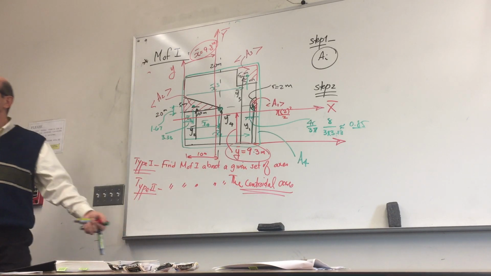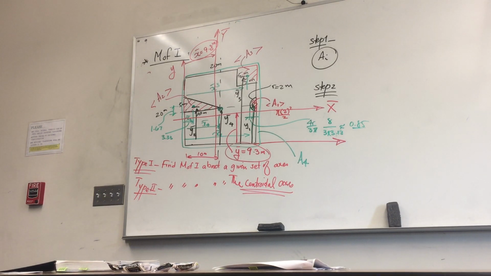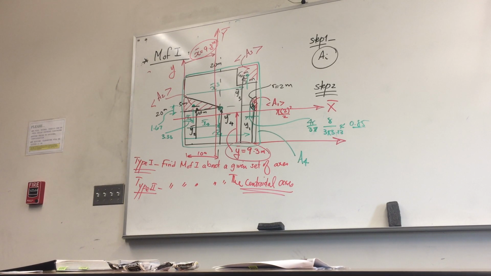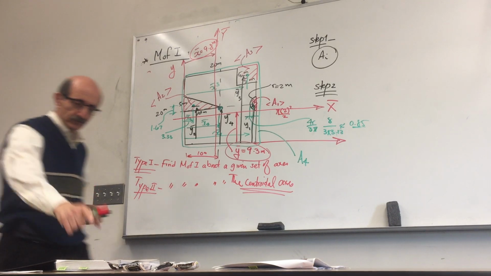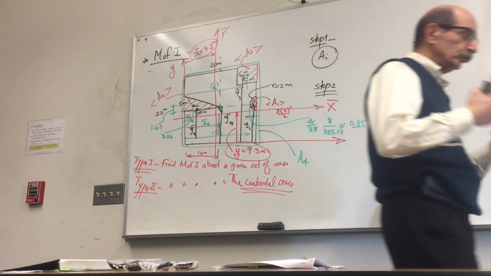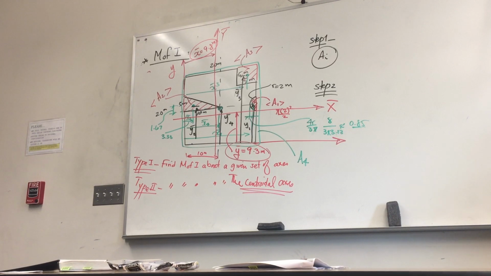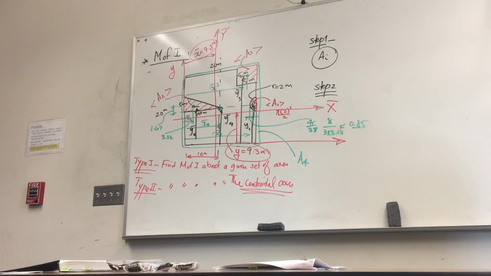So you set up the coordinate axis, going through the centroid. Now you want to find the moment of inertia of this shape about those axes. And now the parallel axis theorem and this table, as the tools that you need, come to your help. Step by step is as follows.